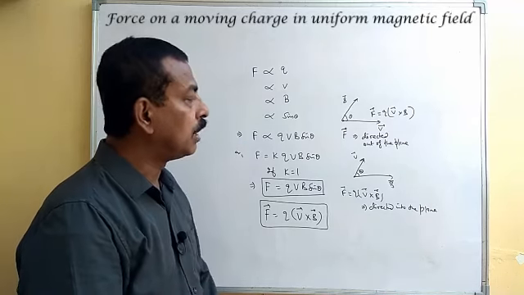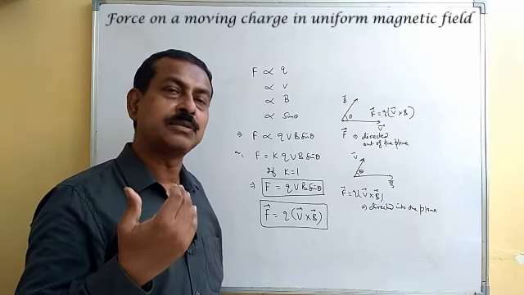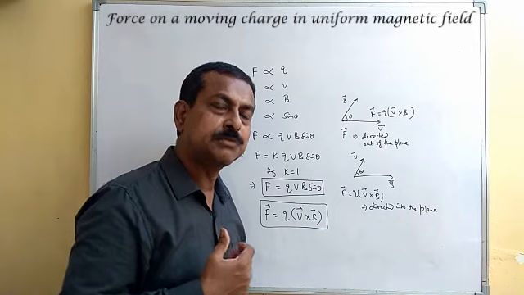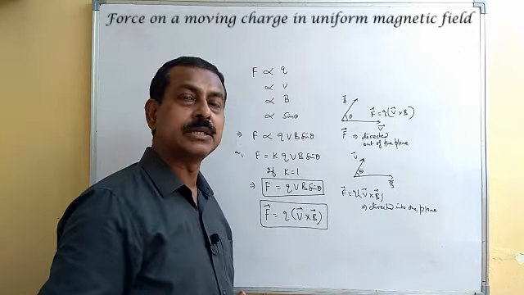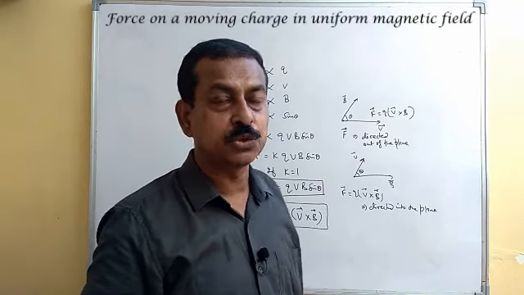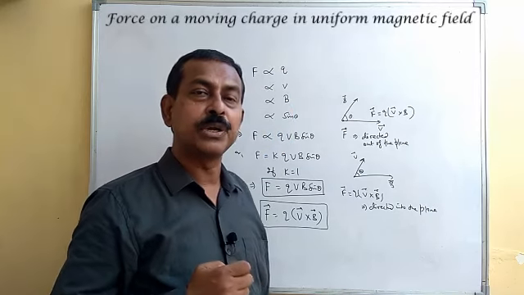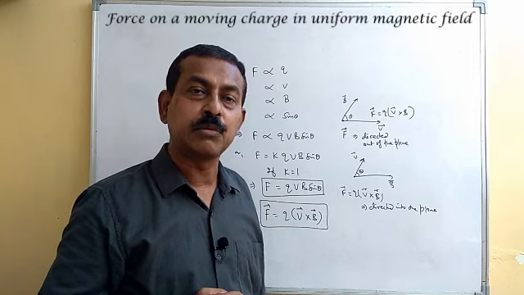Now, this is the best way to find the direction of the force, as the cross product of two vectors. However, if the velocity is perpendicular to the magnetic field, you can apply Fleming's left-hand rule. In that, we stretch the forefinger, middle finger, and thumb of the left hand mutually perpendicular.